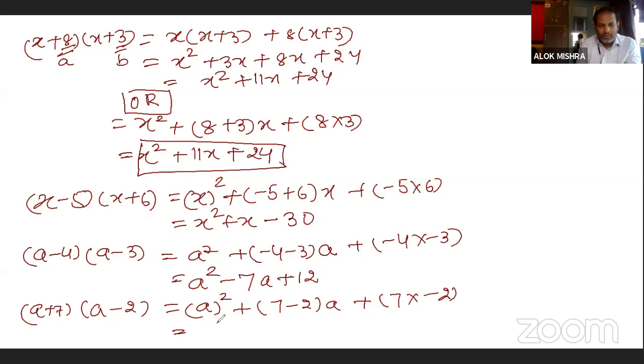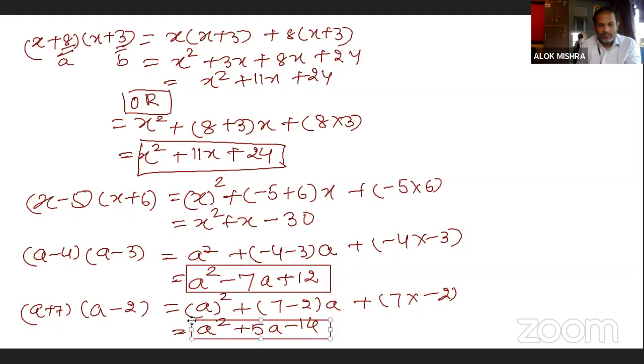I get a square, and 7 minus 2 is 5, so plus 5a, and 7 into minus 2: plus into minus is minus. So the answers are a square minus 7a plus 12, and a square plus 5a minus 14.